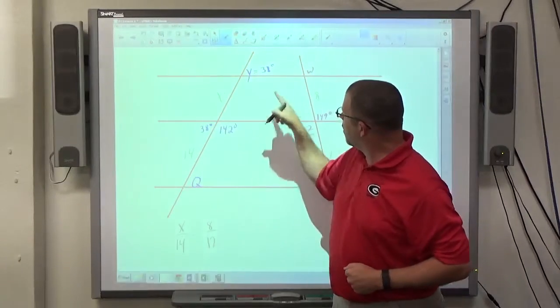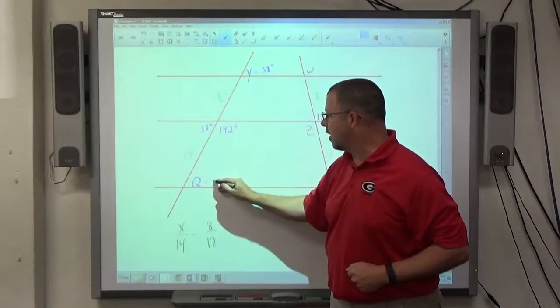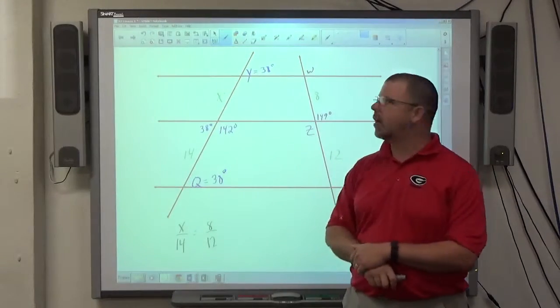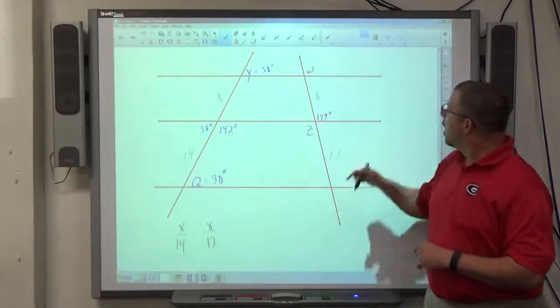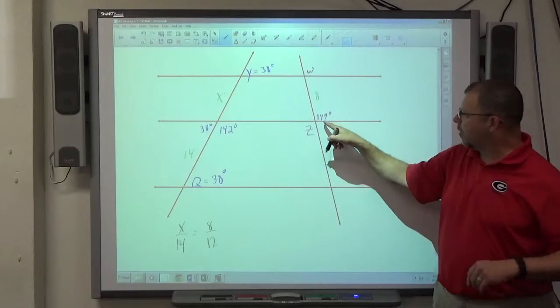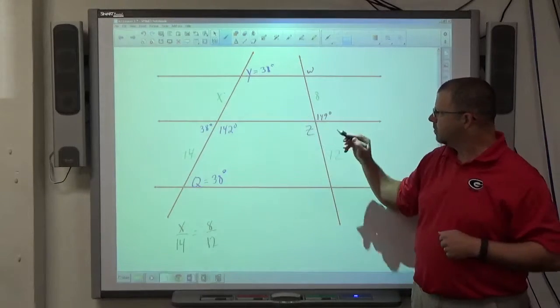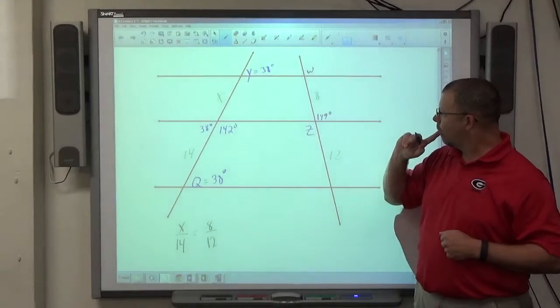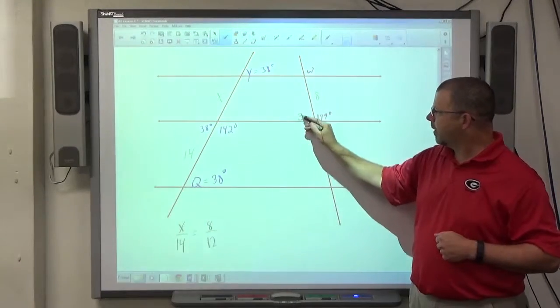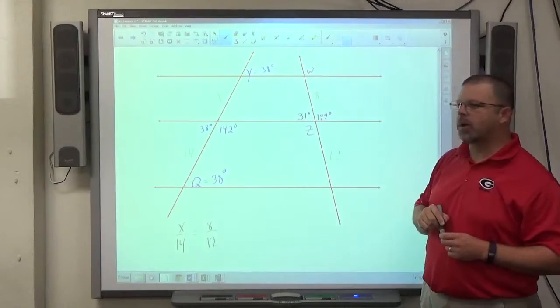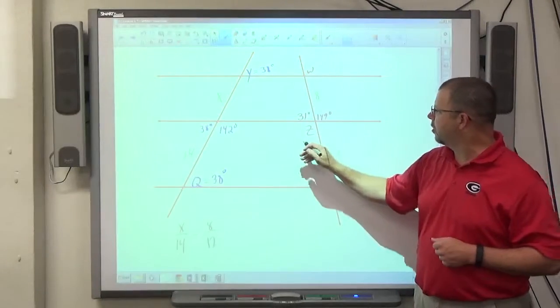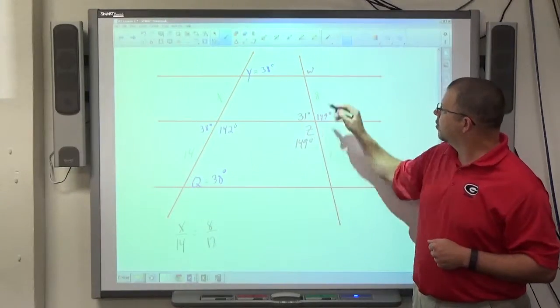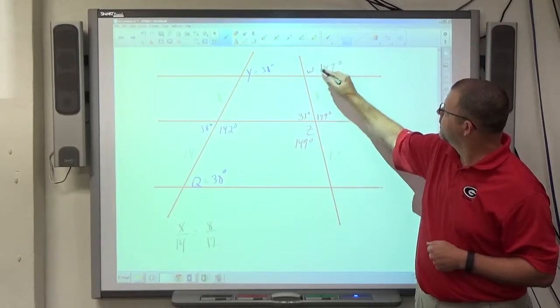All the obtuses are 142, but Q is also acute, right? So that's also 38. So just like that, you figure out Q and Y. Over here, the purple one, that's 149, so how big is this? 31. So all the acutes are 31, all the obtuses are 149. Z is obtuse, 149. W is obtuse, 149.